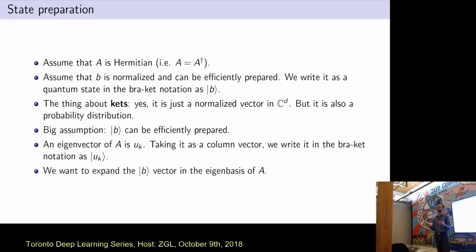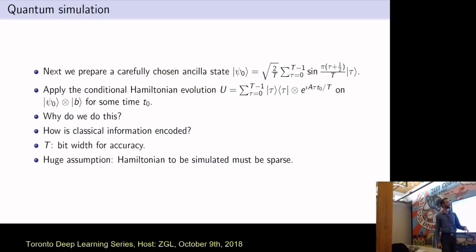This is called an ancilla, and what you have here is one of these ancillas. It contains this capital T number of qubits, which is the bit width of the accuracy with which you execute your calculation. And then this will be the probability amplitude of the quantum state that you're encoding. So the absolute value square sum of this adds up to 1. So this is where the encoding goes in.